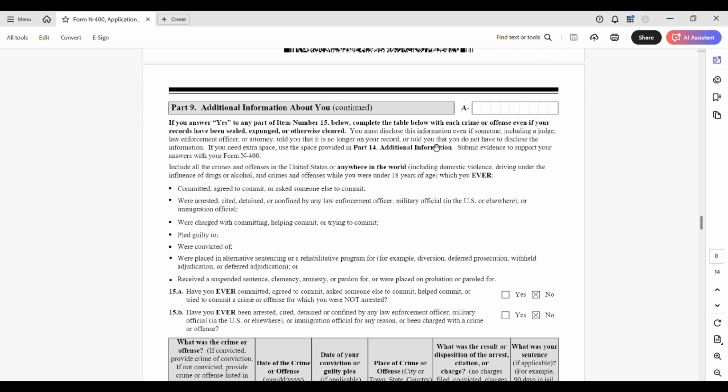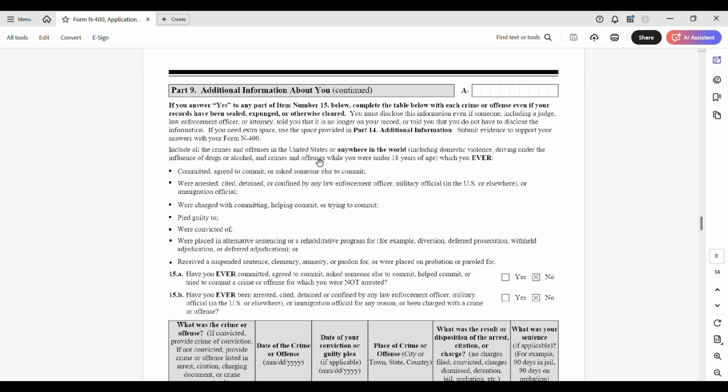You must disclose this information even if someone, including a judge, law enforcement officer, or attorney, told you that it is no longer on your record, or told you that you do not have to disclose the information. If you need extra space, use the space provided in Part 14, additional information. Submit evidence to support your answers with your Form N-400.